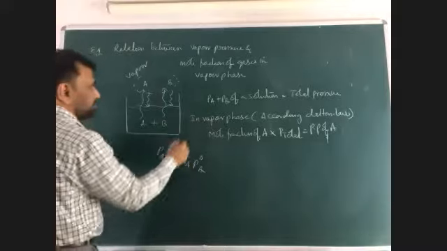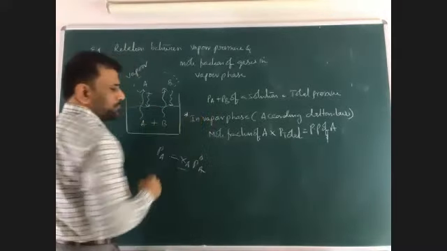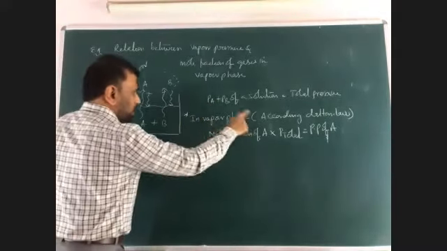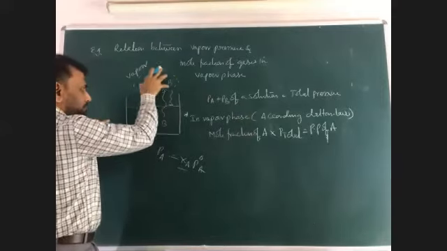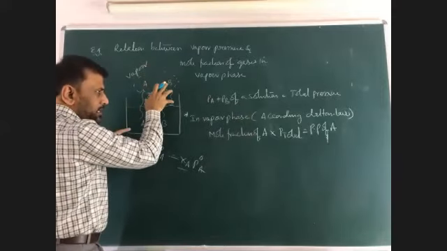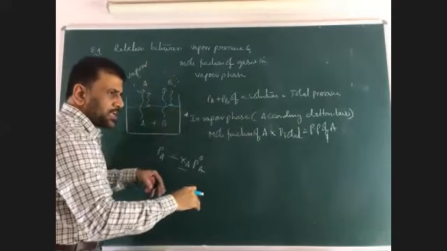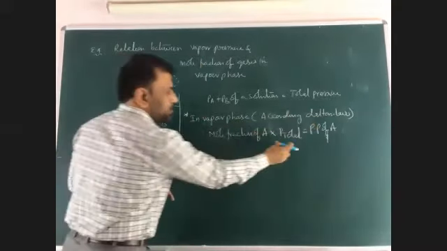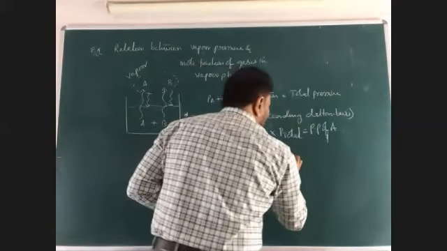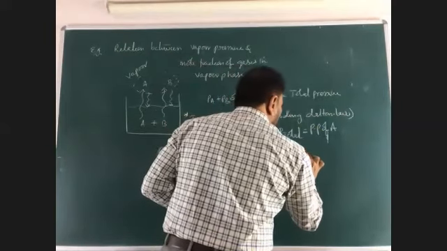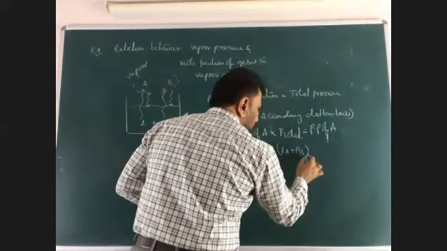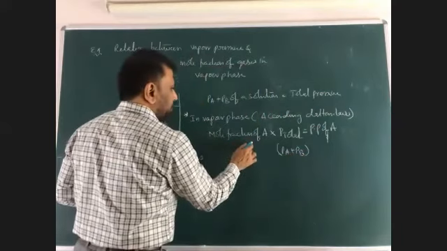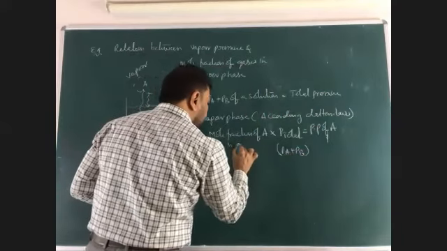So sometimes the question may be based on this also. So total vapor pressure calculated from Raoult's law can be used for Dalton's law also. So here total pressure means this is nothing but PA plus PB. This is the mole fraction of A in the gaseous phase.